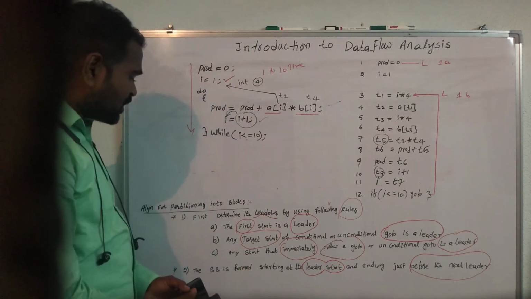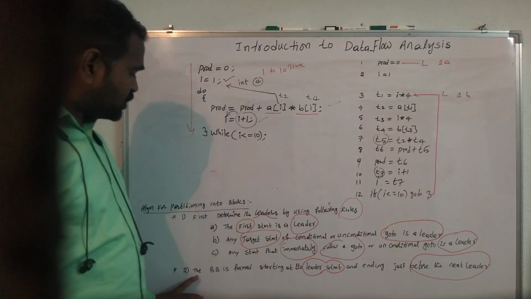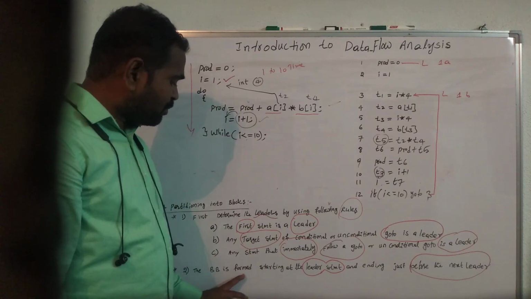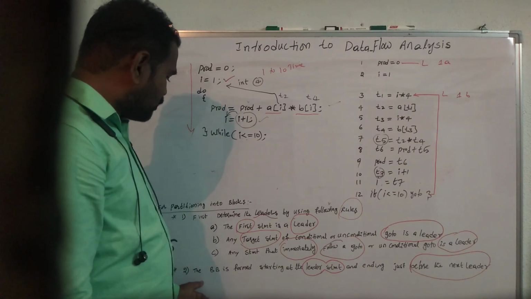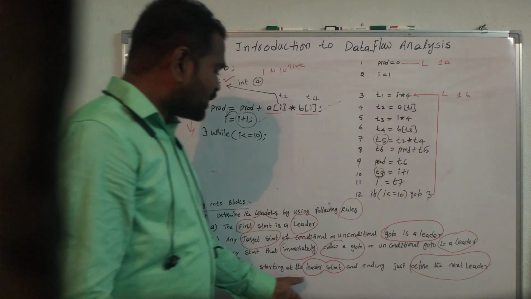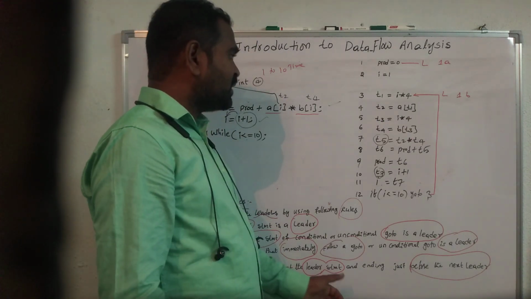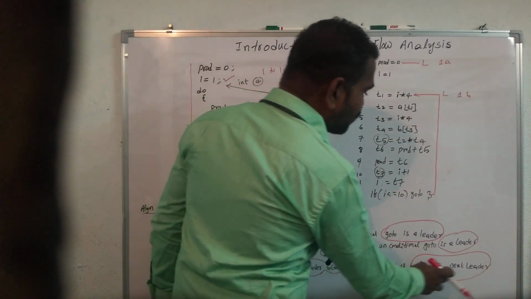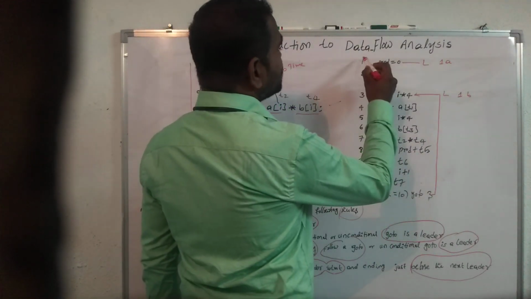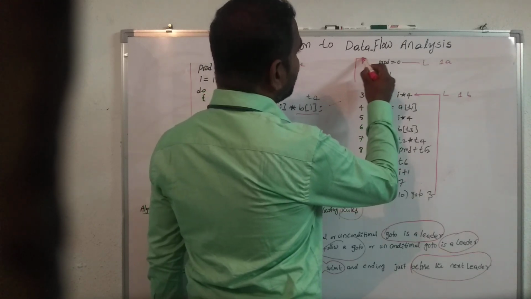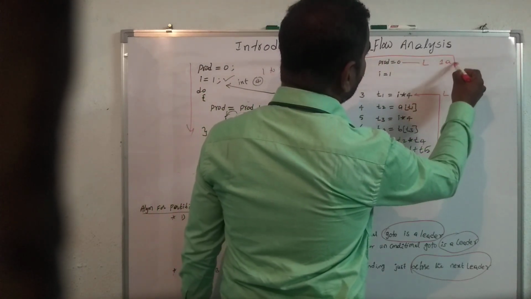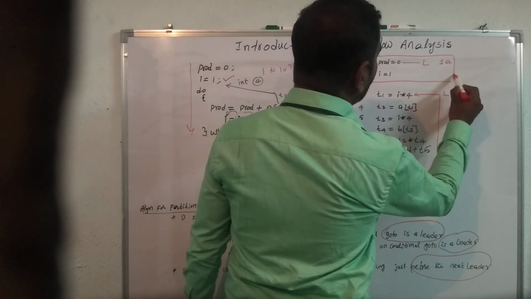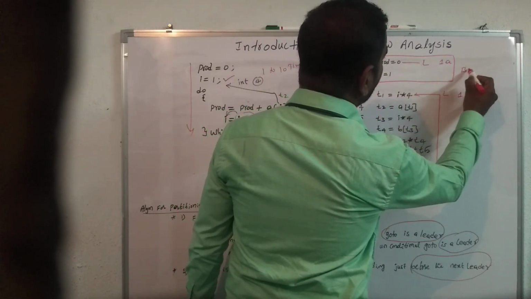After completion of the leader identification, next go for forming the basic blocks. How do we form a basic block? Start at the leader statement and end just before the next leader. So this is block 1.